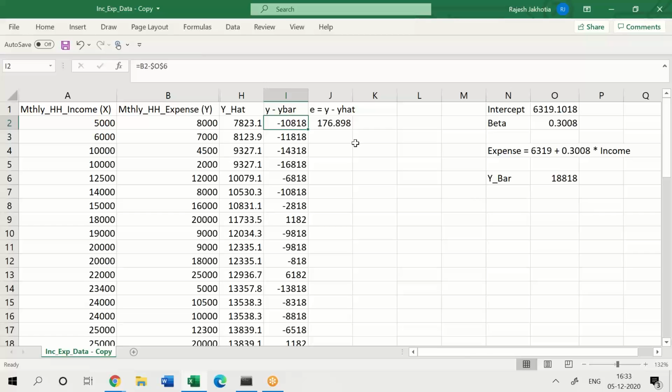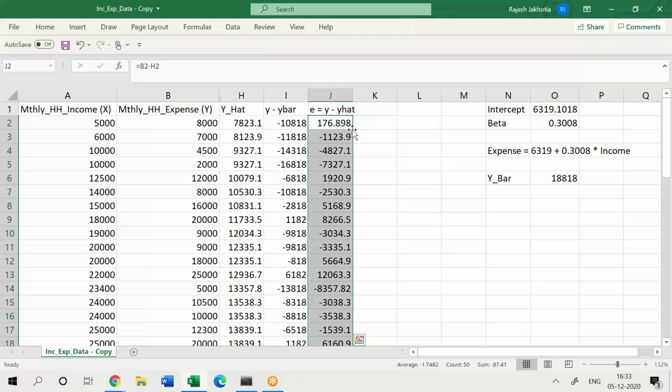You can see this is way off, 10,818, and this is very close. The error is only a small fraction, 176 rupees. We can just double click, autofill all of this. This information, y minus y bar and y minus y hat, for each and every row, we can represent visually.